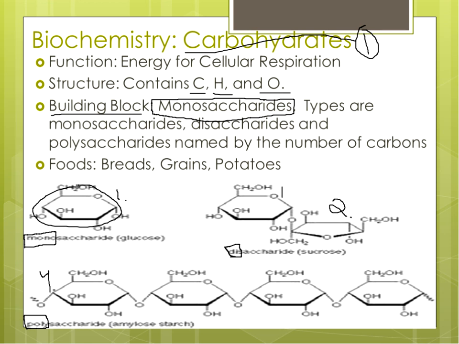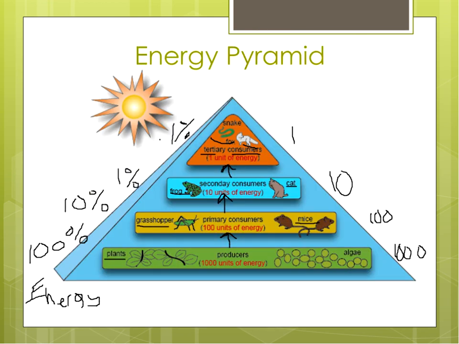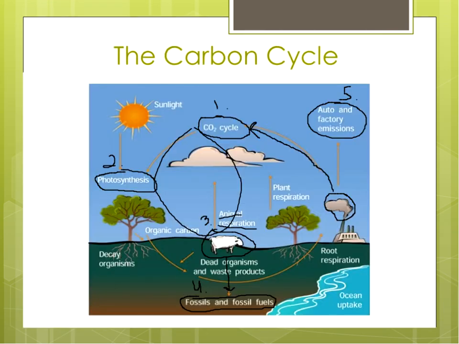Okay? So far, I'm going to open up for the check mark, yes or no. How are we so far with carbohydrates, with the energy pyramid, and with the carbon cycle? Check mark means I've learned more, or I get it. At least I got it.